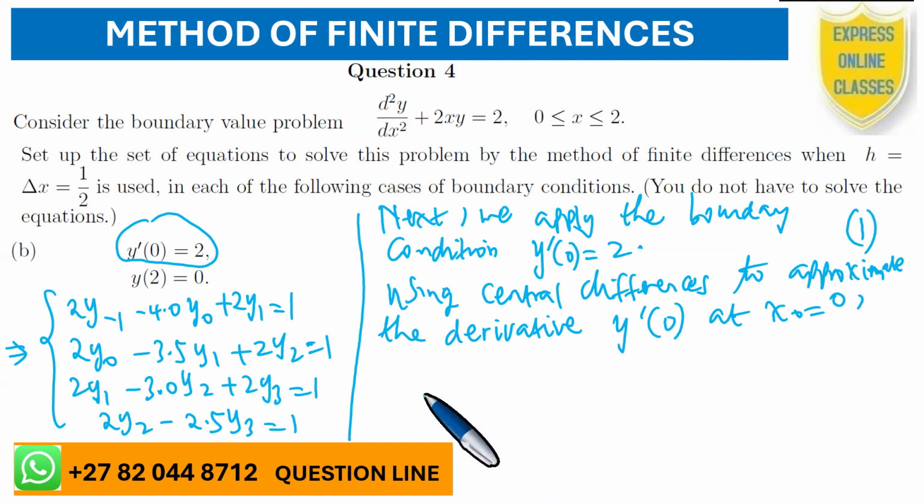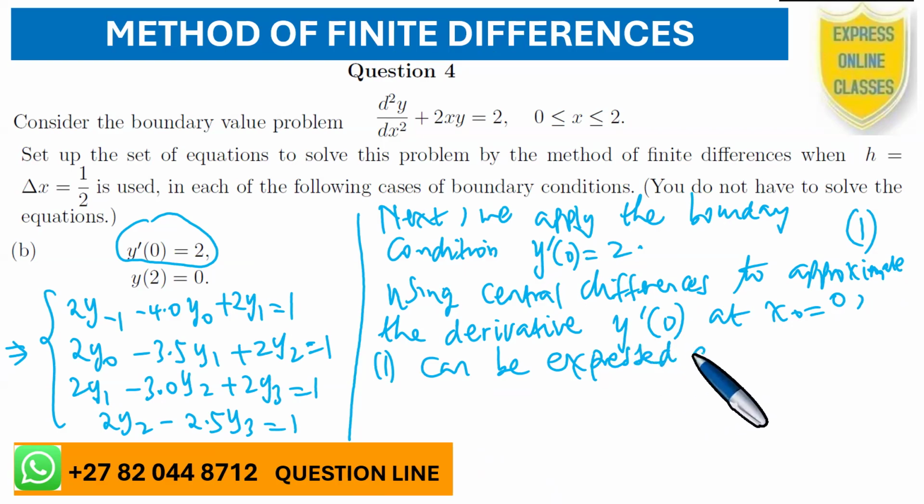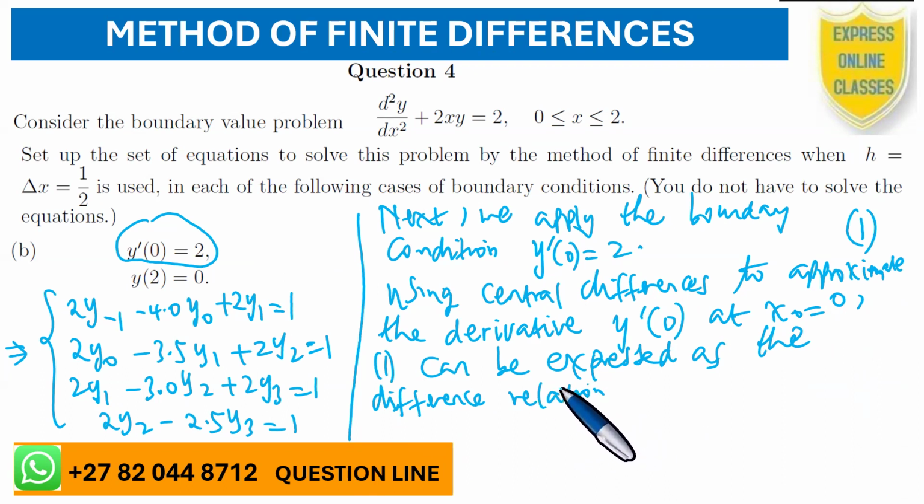All right. Now we note that the equation 1, which is y prime at 0 equals 2, can be expressed as the difference relation. y1 minus this divided by 2h equals 2.